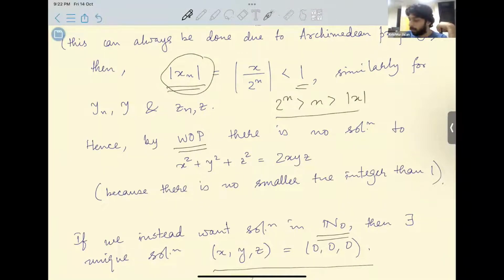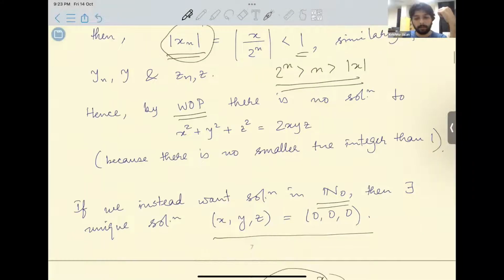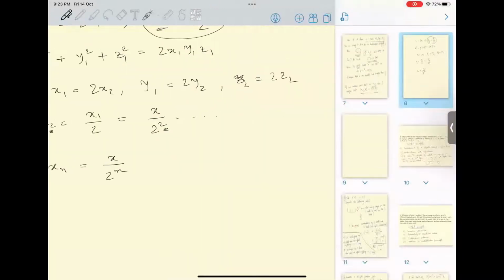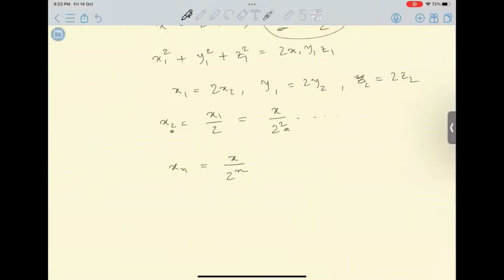Because this quantity xn is x by 2 to the power n, right? Yes. So that quantity is less than 1. But there is no positive integer smaller than 1, right? So there is no such xn. So there is no solution to this equation. Is that clear? Yes, sir. Okay, anything else? No, sir. Okay.